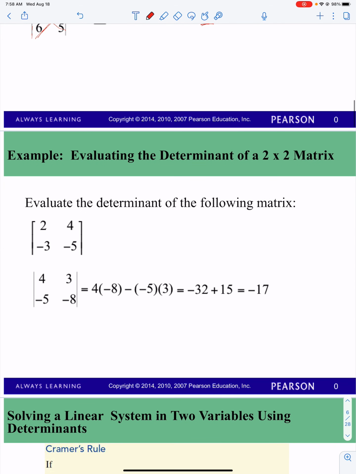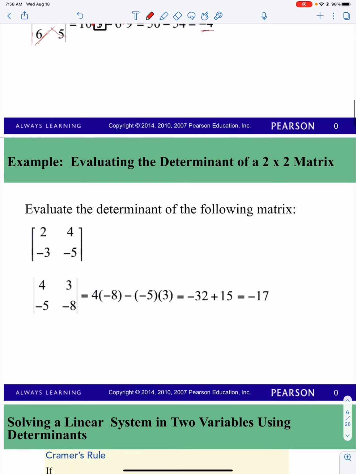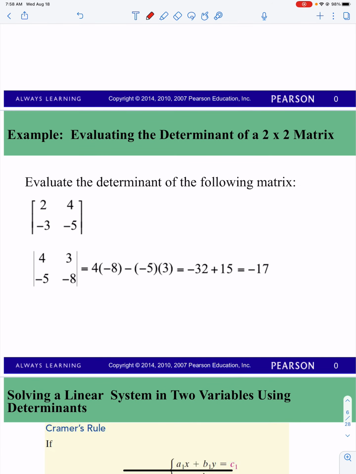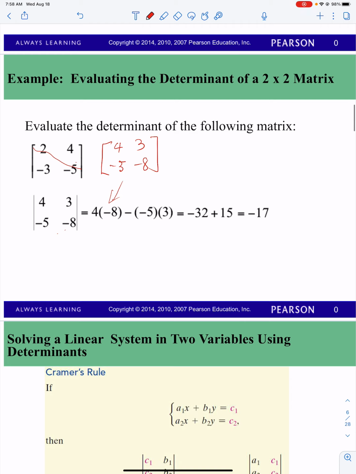Okay, this is another example. I think it has a mistake. The matrix should be 4, 3, negative 5, negative 8, because they give the matrix here but a different thing there. So maybe we can try this one.